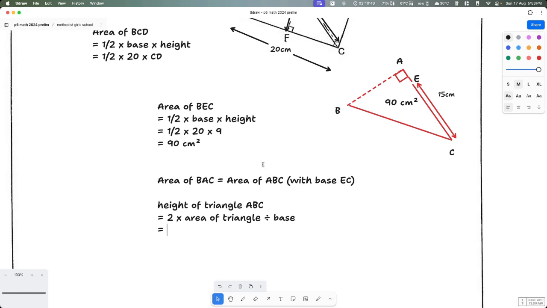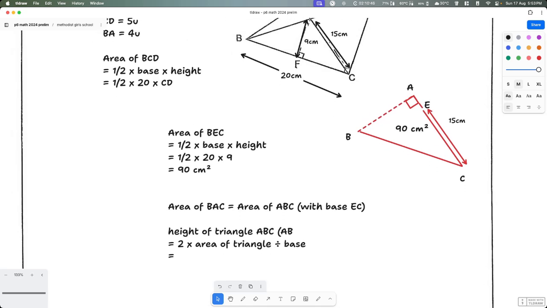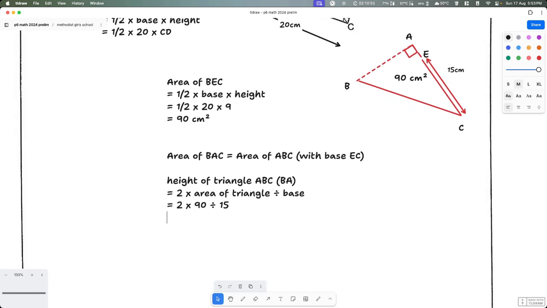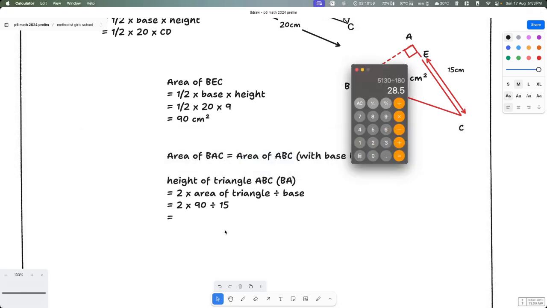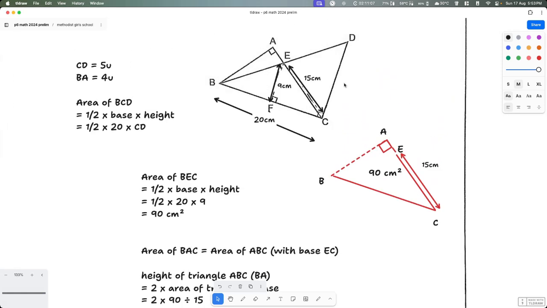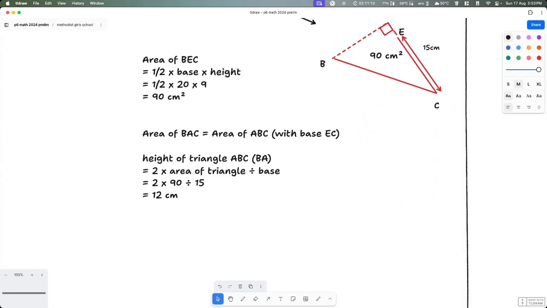So we know the area here, the height of triangle ABC, which is also AB, BA, is 2 times the area, which is 90, and then we divide it by the base, 15. Let's use the calculator: 2 times 90 divided by 15. This will give us 12 centimeters. So AB is 12 centimeter.